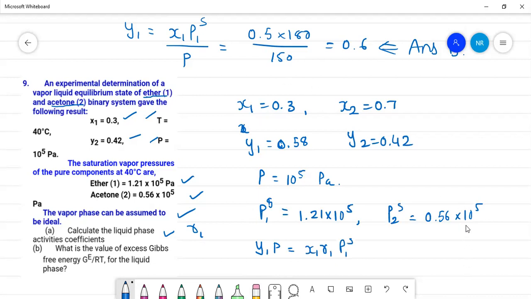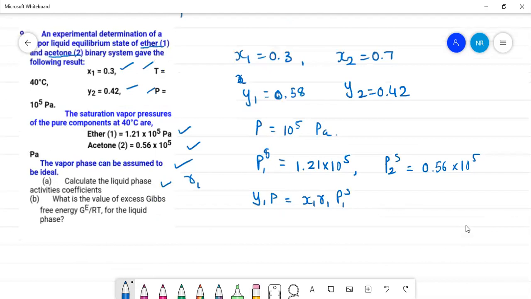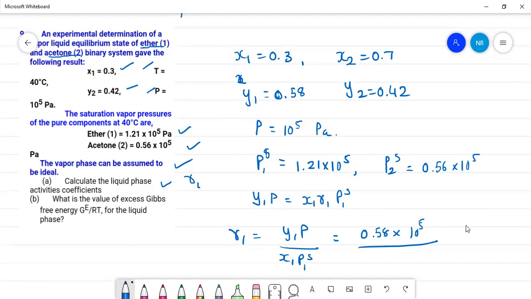So for the liquid phase activity coefficient, gamma 1 is equal to Y1 P divided by X1 P1 saturation. Y1 is given 0.58, total pressure is given 10 raised to 5 pascal, X1 is given 0.3 and P1 saturation is given 1.21 multiplied by 10 raised to 5. So can you calculate gamma 1?